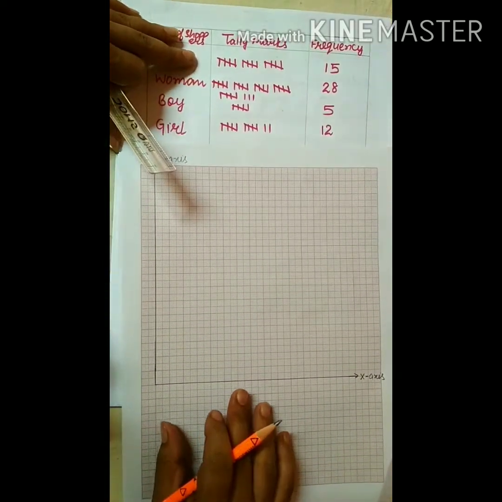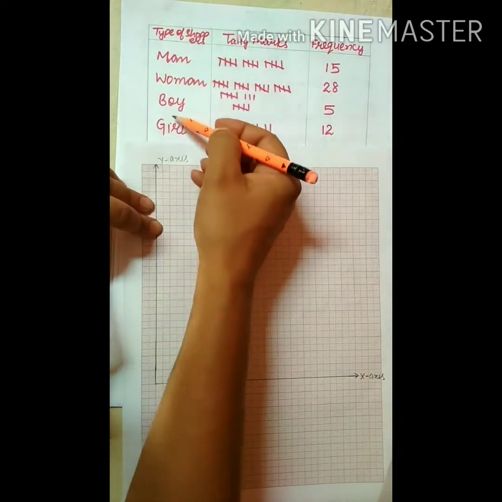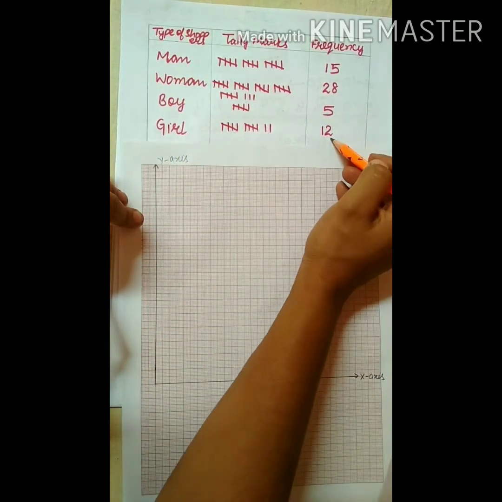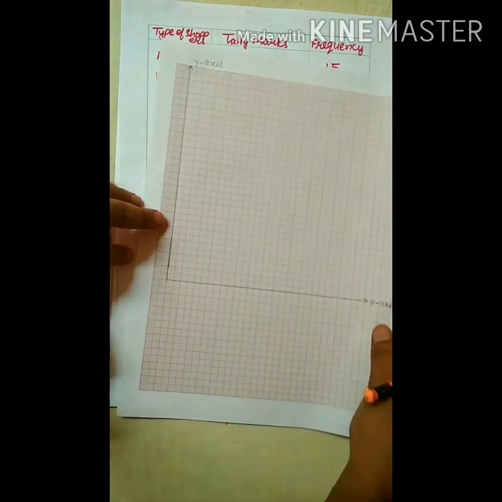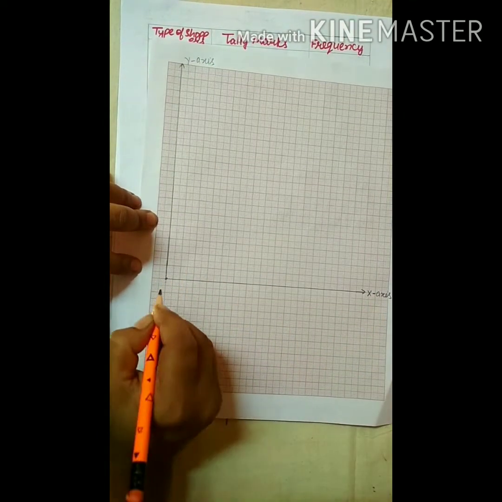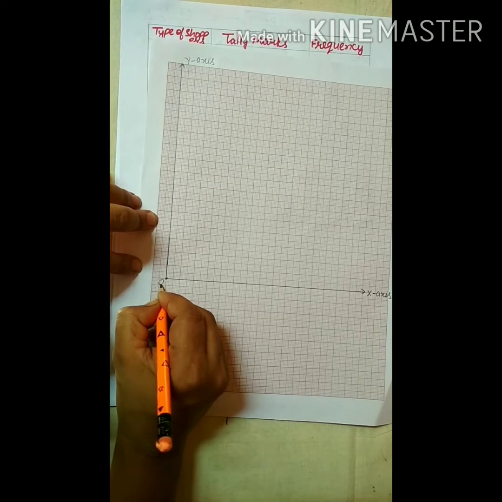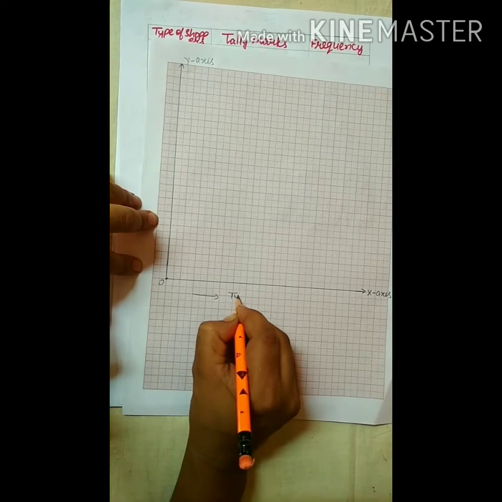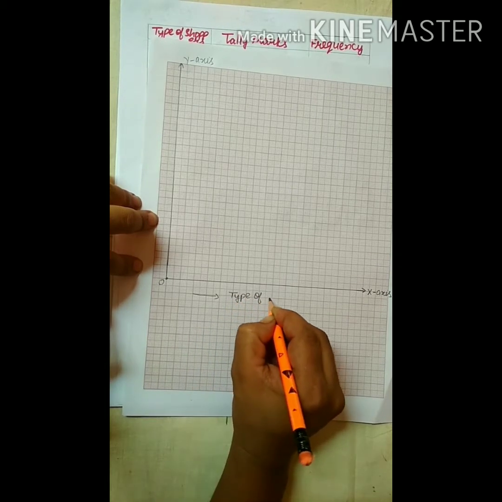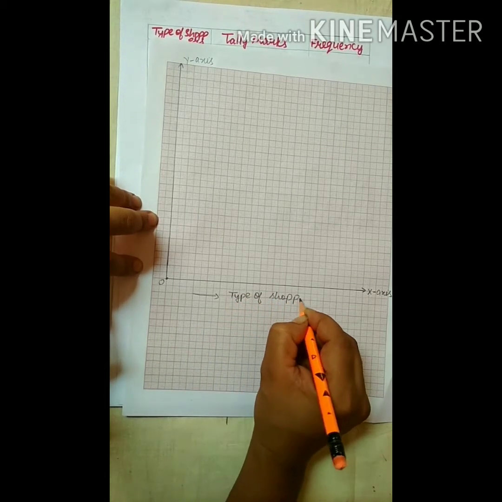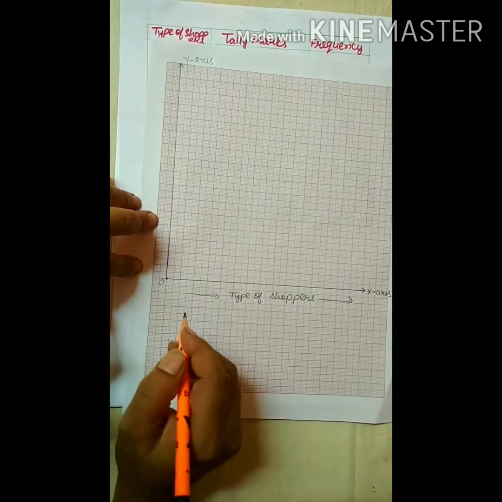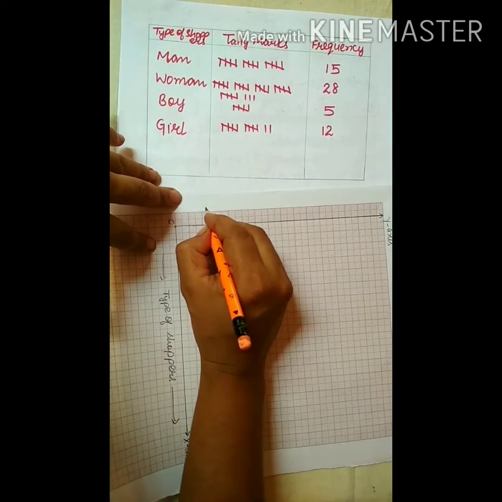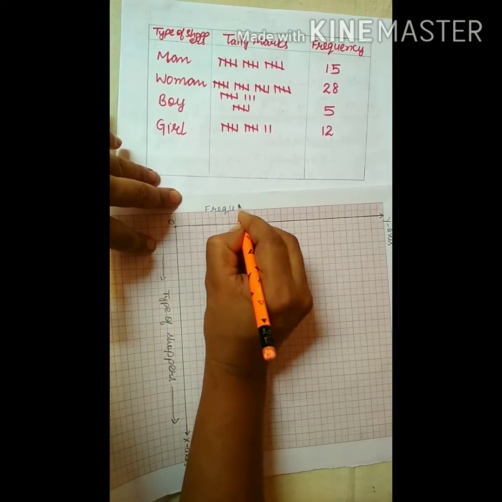On the x-axis you will always take the type of shopper, and on the y-axis we will take the frequency. Where the x-axis and y-axis meet, that point is called the origin. Now I will write here type of shoppers on this side, and on the y-axis I am taking the frequency, so I will write here frequency.